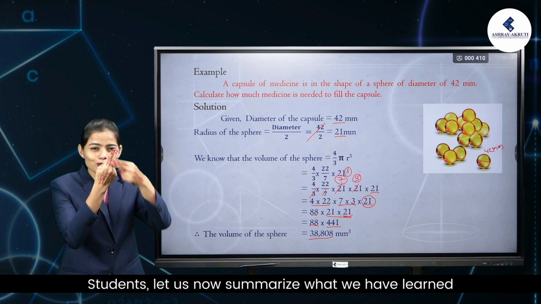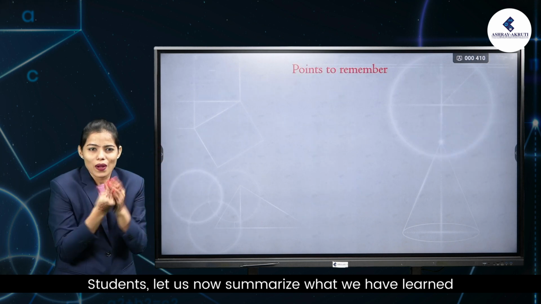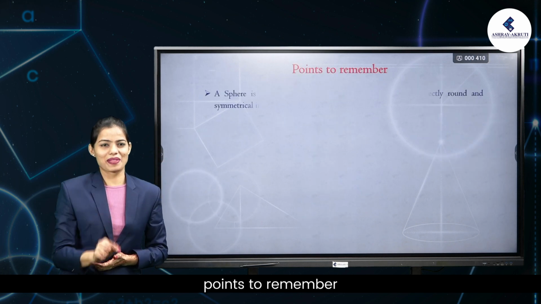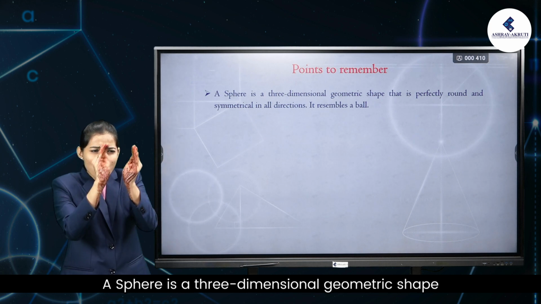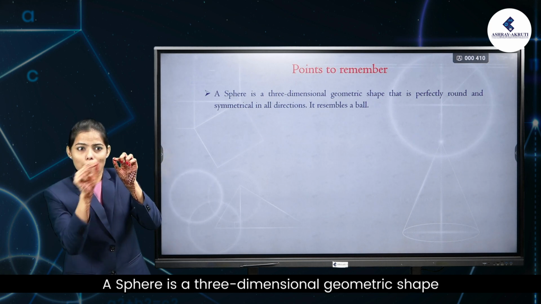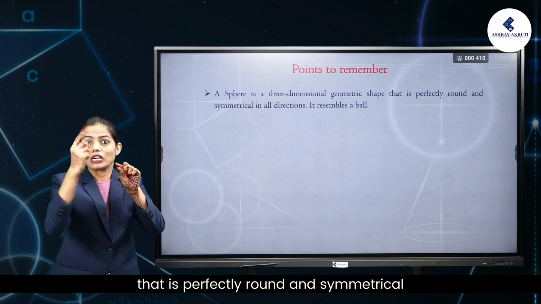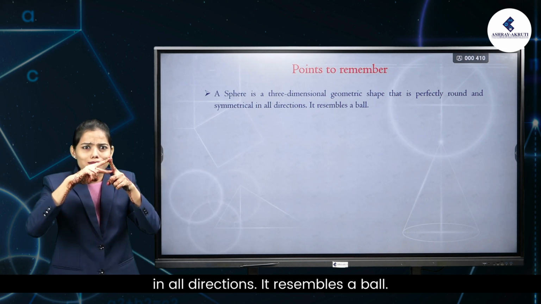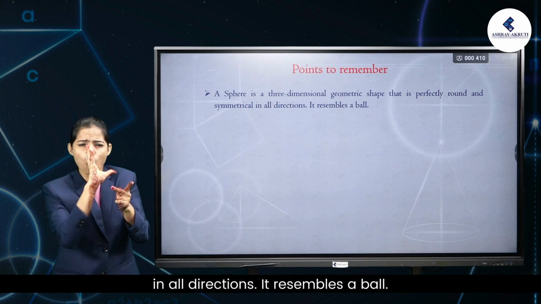Students, let us now summarize what we have learned. Points to remember. A sphere is a three-dimensional geometric shape that is perfectly round and symmetrical in all directions. It resembles a ball.